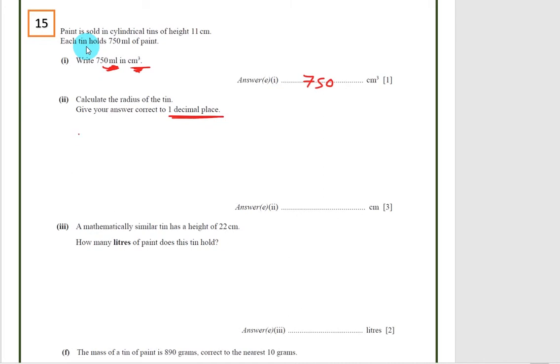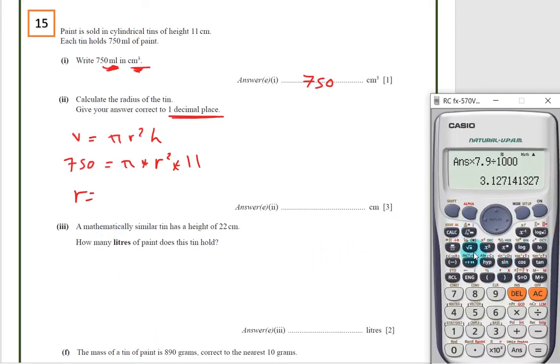So the volume is pi r squared h. So 750 is equal to pi, the radius I don't know, the height is 11. So the radius is equal to the square root of 750 divided by 11 pi.